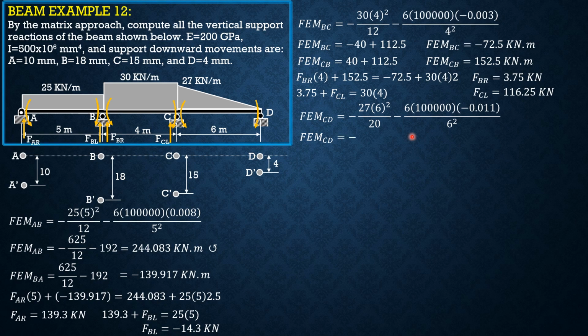The first is negative, the second term is positive. So the result is positive, and since we anticipated negative in that direction, and this is positive, it should be clockwise, and therefore let's just make it negative and assume counterclockwise. So fixed moment CD, the result here is positive. Let's make it negative, and this is the direction. Negative 134.733 kilonewton meter.